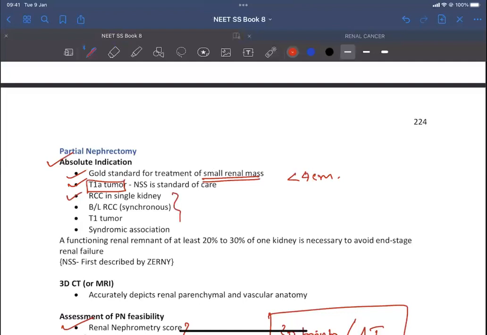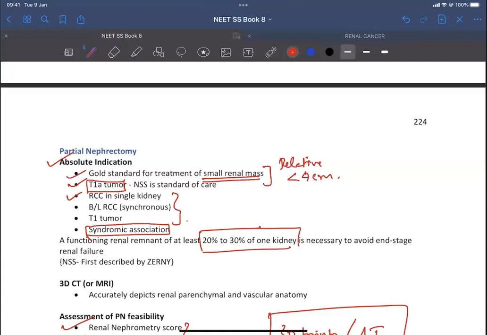Again, although these are relative indications, the absolute indication is if it's in a solitary kidney or if it's a bilateral tumor, yes, you will have to do a partial nephrectomy. Any tumor in someone who's got syndromes who have very high risk of recurrence, yes, you'll do a partial nephrectomy.